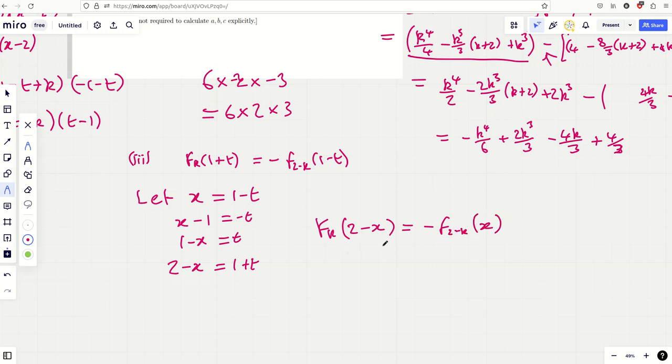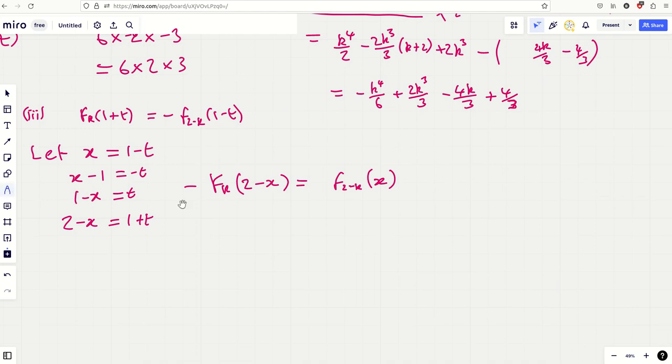In other words, how are these two graphs related? Well, it's particularly obvious if we put the minus now on this side. And you can just say, if f of 2 minus k of x is exactly the same as f of k after it's been reflected in the line x equals 1 and then reflected in the y-axis, then it's the same thing, isn't it? So how are they related?